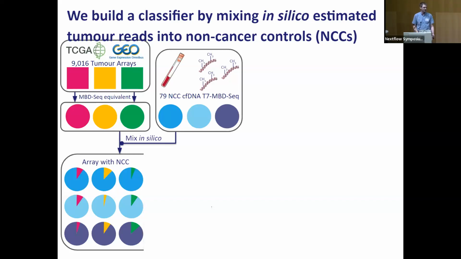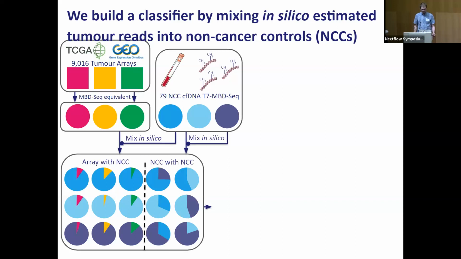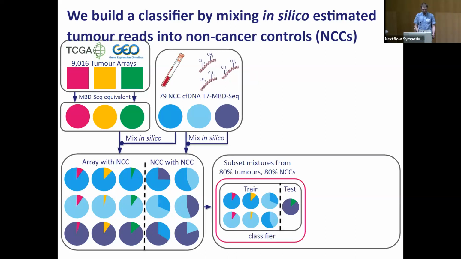And I do this lots and lots of times. I also mix non-cancer samples with other non-cancer samples, again, to increase my training population. And I end up with about 280,000 mixtures for this particular classifier.